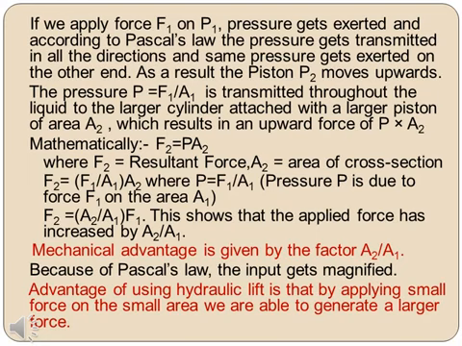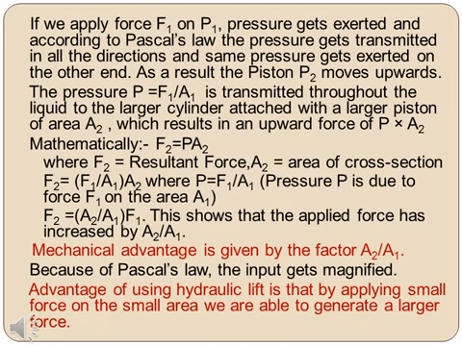In mathematical form, the force exerted on the larger piston of cross-sectional area A2, which is F2, is equal to P times A2. Since P is equal to F1 by A1, F2 is equal to F1 by A1 into A2, where P is the pressure due to the force F1 on the area A1.